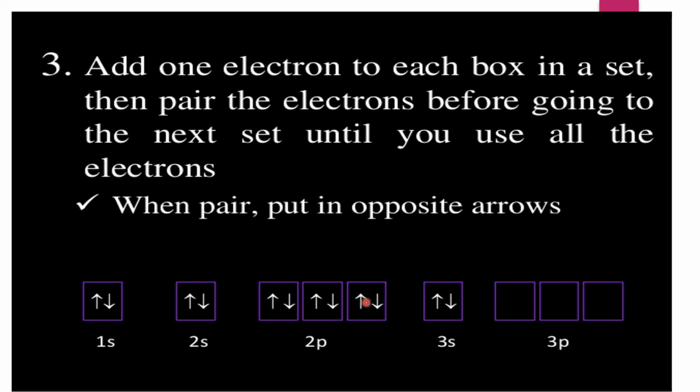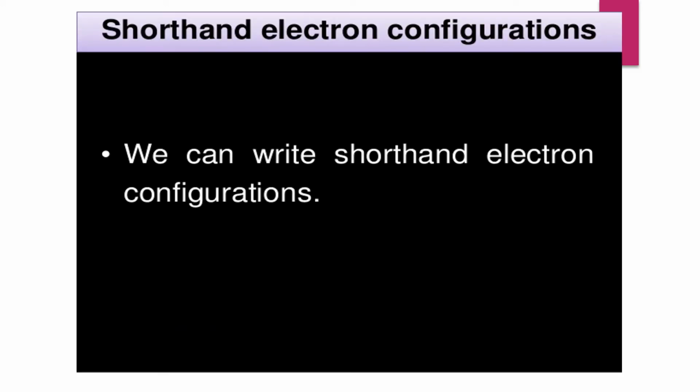Again, since 4, 5, 6, 7 are completely filled, the 8th electron will go here, 9 and 10. Then the 11th electron will go to the 3s orbital. Since one more is available, the 12th electron goes to the 3s orbital. So in this way, we write the electronic configuration of elements depending on their atomic number.